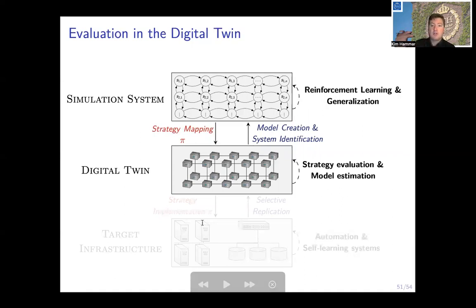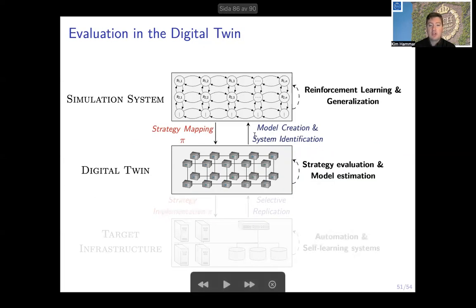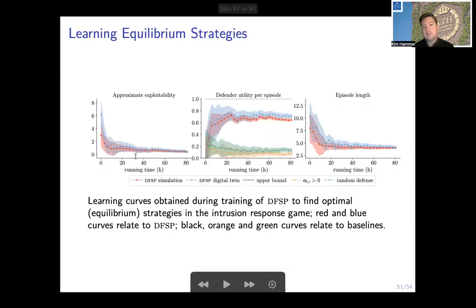And that gives us those curves. And the fact that they are so correlated is sort of an empirical proof that the system identification step here is working well. It's actually capturing the important properties of the twin, and it takes that into account in the simulation environment, because otherwise we would not have this correlation.